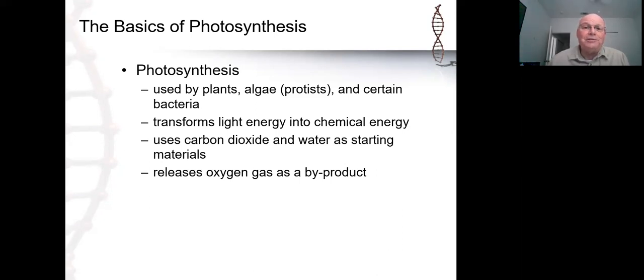All the oxygen gas that we find in the atmosphere today is the product of bacterial photosynthesis, the cyanobacteria, or algae photosynthesis, or plant photosynthesis. So the rise of photosynthesis in terms of making oxygen must have had a huge effect on the trajectory of life's evolution.